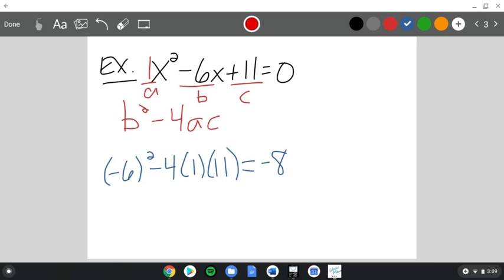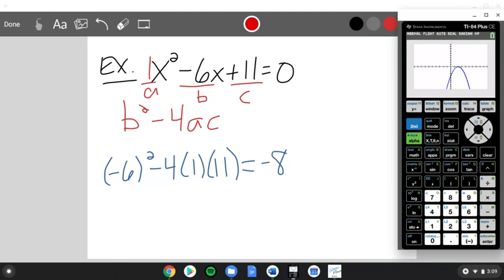Okay, what does that tell me about the number of solutions? Let's graph and see what this looks like. It is x squared minus 6x plus 11. So we can see that the parabola never crosses the x-axis. So there are no real solutions.